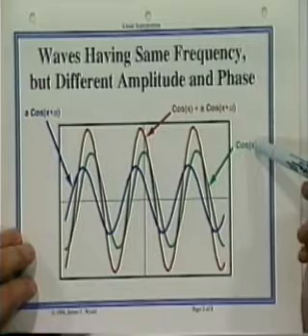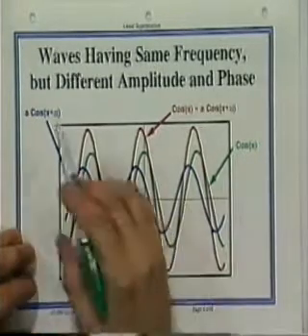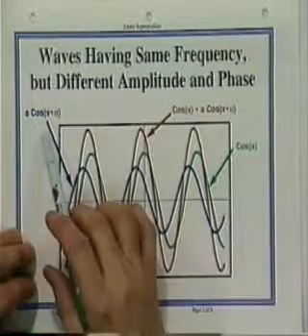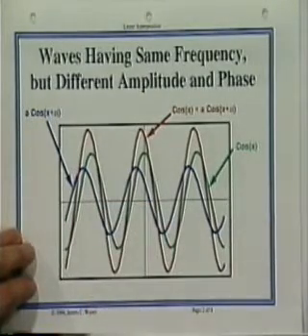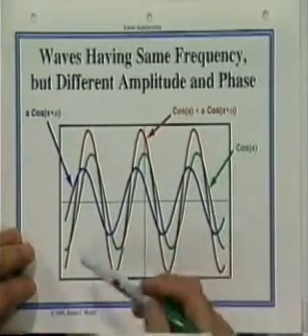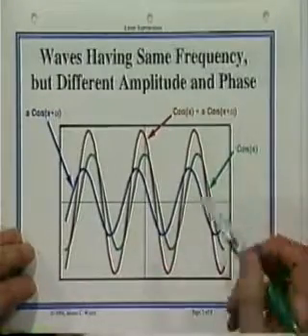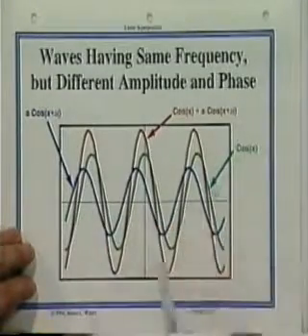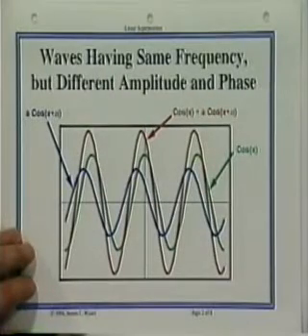I have this green guy, cosine of x, and then I have this blue guy, which has a different amplitude, A, and a different phase, alpha. So it's A cosine of x plus alpha. We simply add these two, the green and the blue, and in this case we get the red. So we get a sine wave, same frequency, but a different amplitude and a different phase.